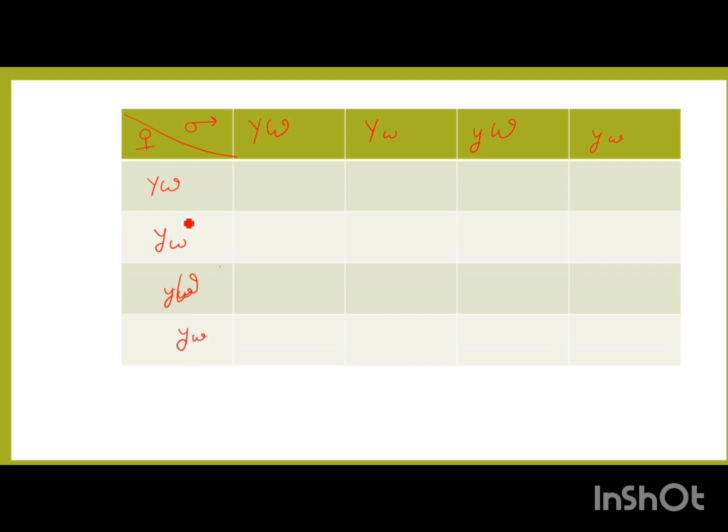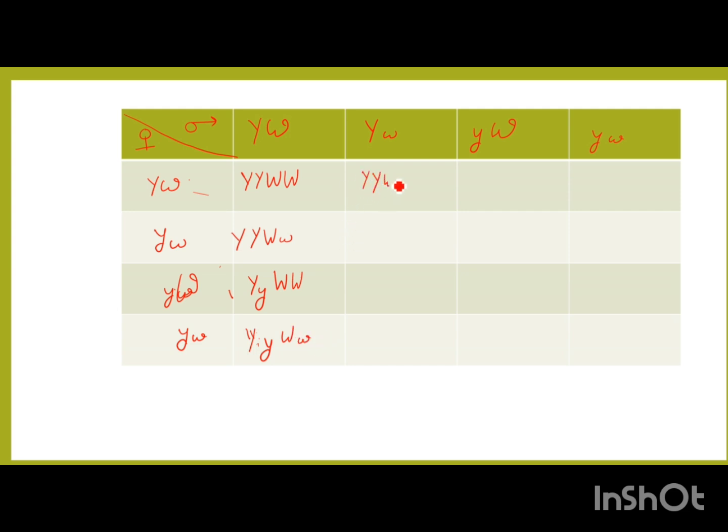So now we'll get in the first column capital Y and capital W. Here we will get capital Y, capital W, small w, capital Y, small y, capital W, capital Y, small y, capital W and small w.